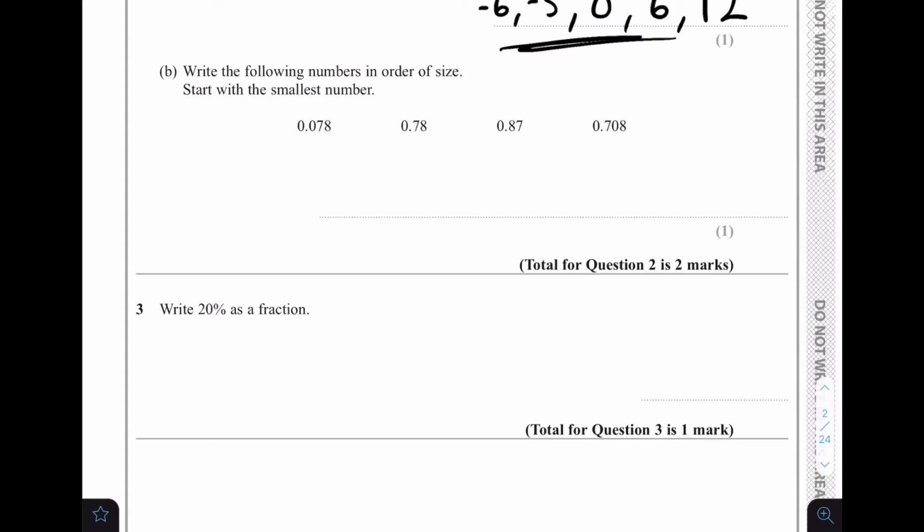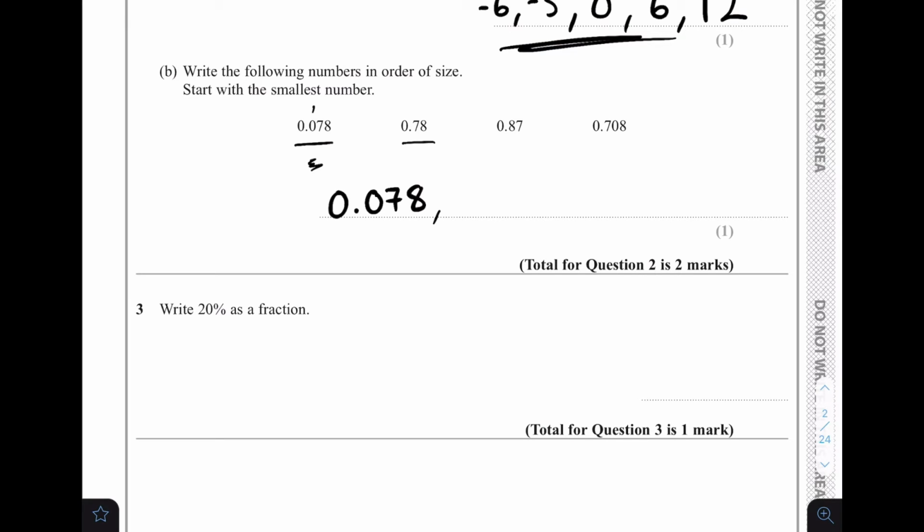So if we look at this first one, this is 0.078, and then we've got 0.78. Out of these two, this one is smaller because we don't have a 10th unit here. So we can list this as the first smallest number.